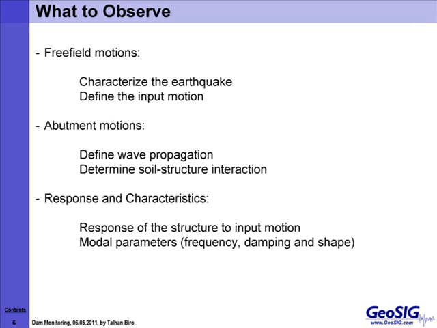So we can define this earthquake wave propagation to the dam from these motions, as well as determine the soil structure interaction, which means the interaction of the structure with the soil that it is built on, what kind of reaction the structure is showing, and how much of it is again exerted back to the soil itself, to understand this interaction. And then of course comes the response and the characteristics of the dam itself.